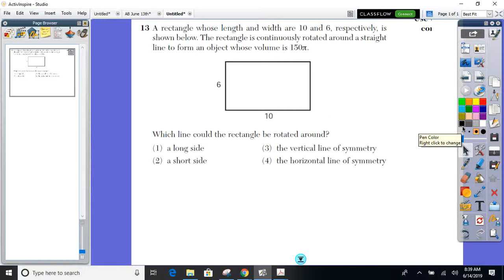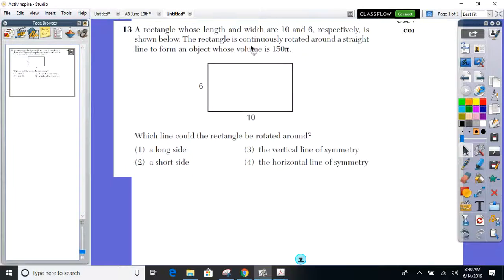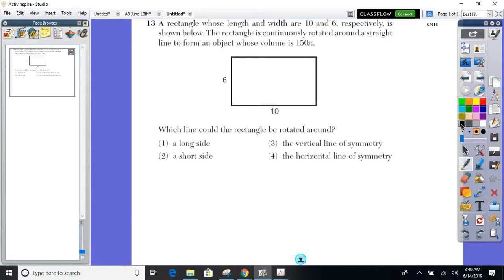It might be the long side, it may be the short side, it may be the vertical line of symmetry, or it may be the horizontal line of symmetry. I rotate this around. Regardless of where I rotate it around, what type of figure am I going to get? What solid am I going to get when I rotate it around any of those 4 lines? It's going to be a cylinder. That was the first thing here because they don't come out and say it's going to be a cylinder. A cylinder with a volume of 150 pi.